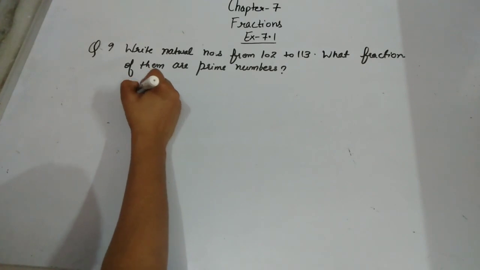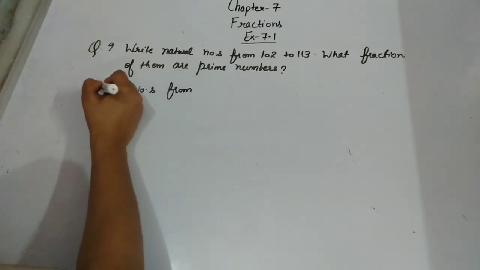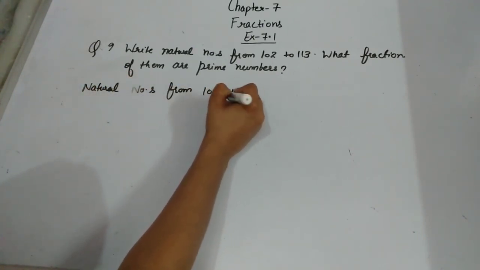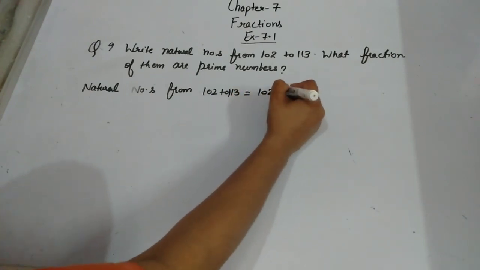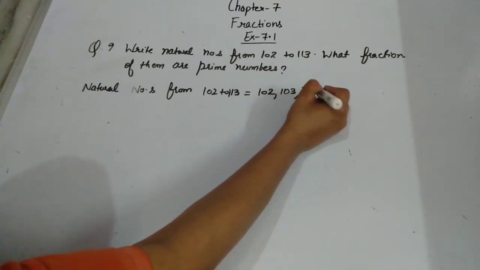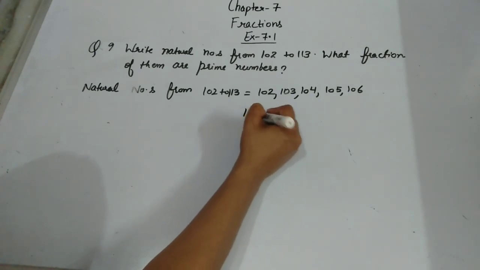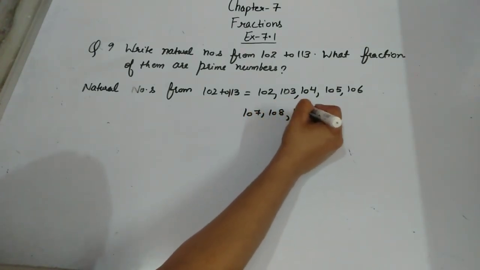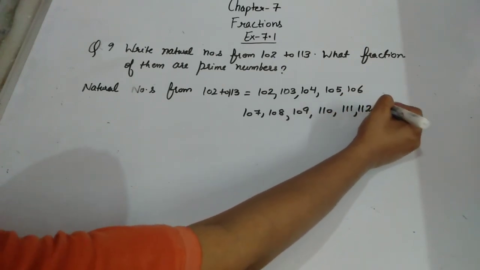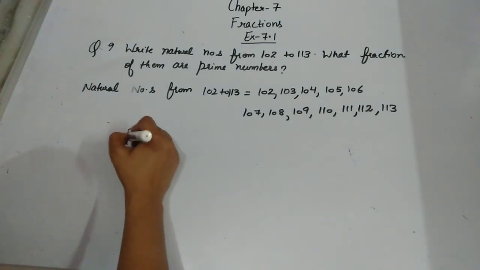So first of all, write down the natural numbers from 102 to 113: 102, 103, 104, 105, 106, 107, 108, 109, 110, 111, 112 and 113. So you have to find out the prime numbers among them.